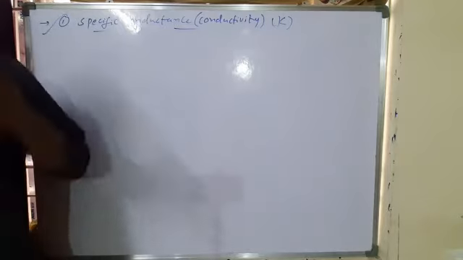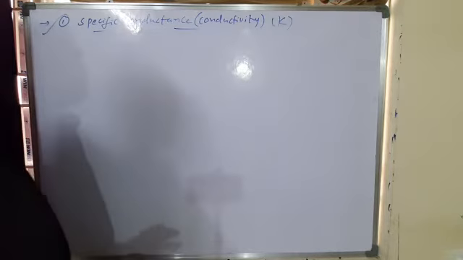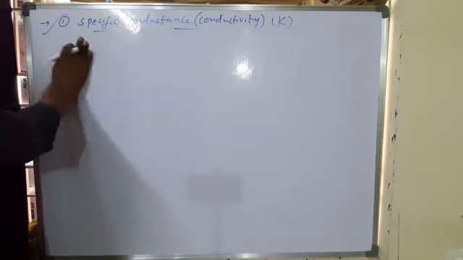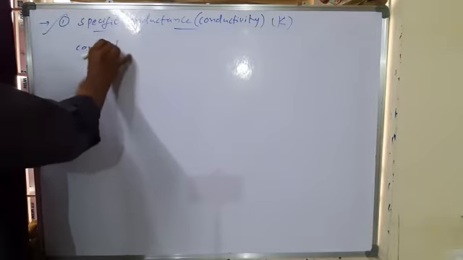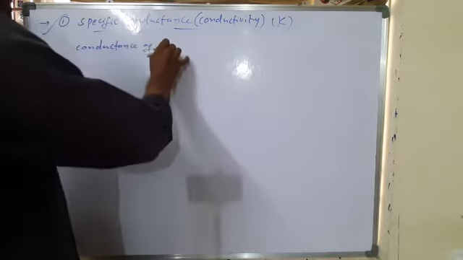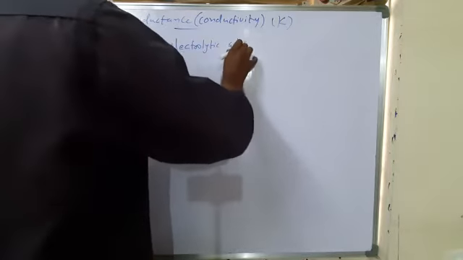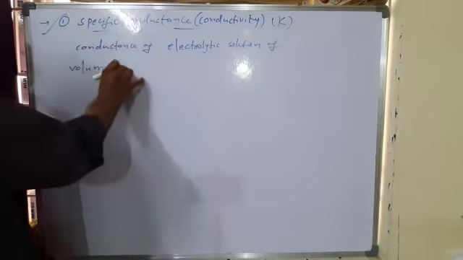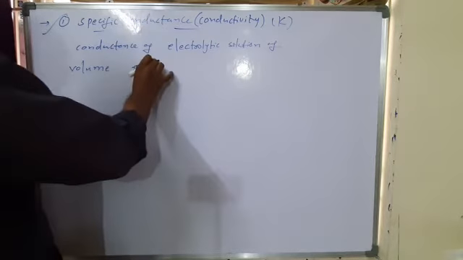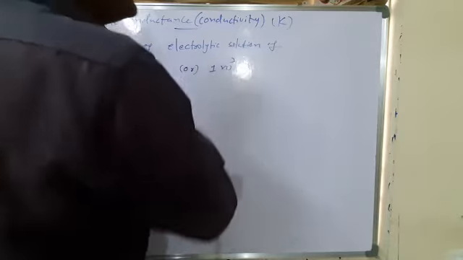Specific conductance, or conductivity, is the conductance of an electrolytic solution of volume 1 centimeter cube in CGS units, or 1 meter cube in SI units.